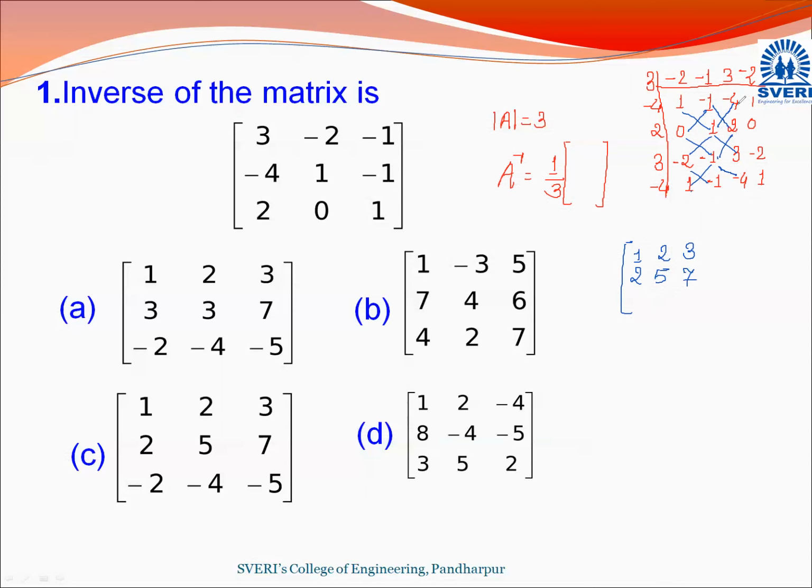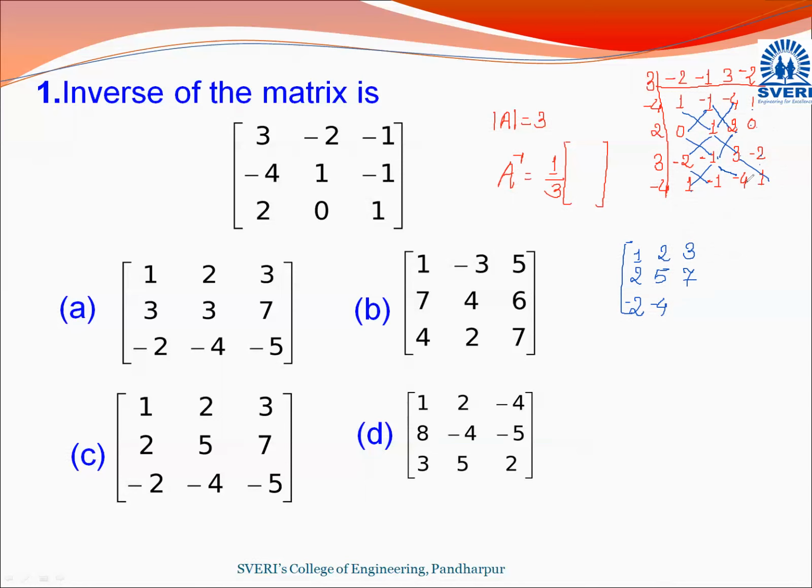Going for the last row, minus 4 into 0 is 0, 2 into 1, minus 2. Next, 2 into minus 2 minus 4 is 0, it will be minus 4. And the next one, 3 into 1 is 3, minus 4 into minus 2 is plus 8.